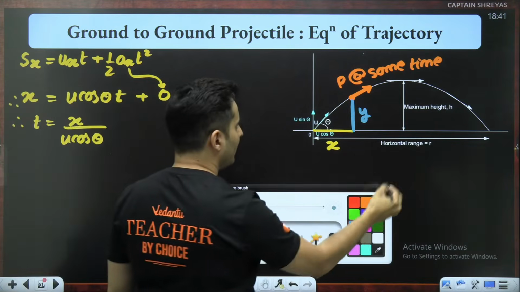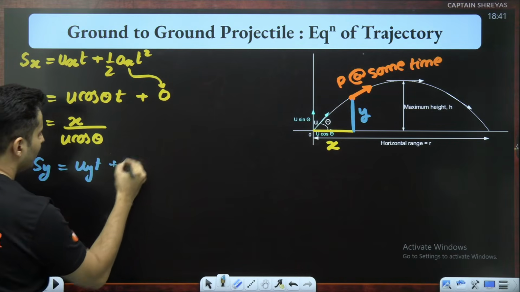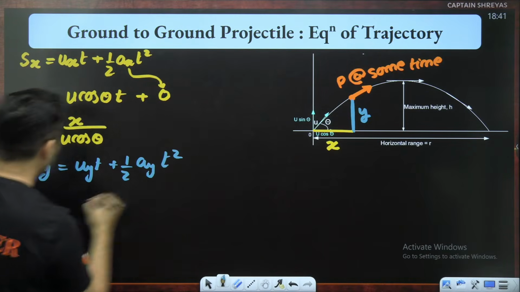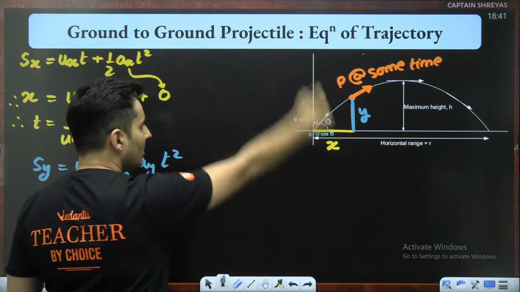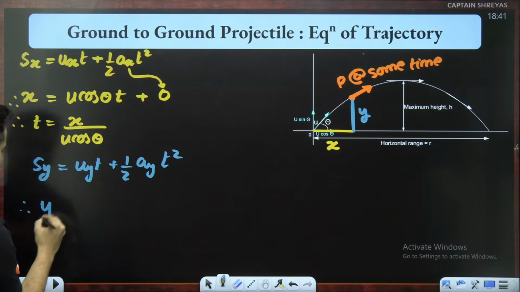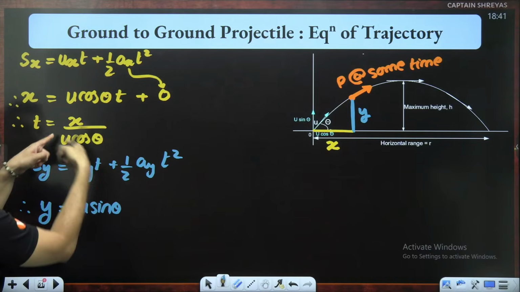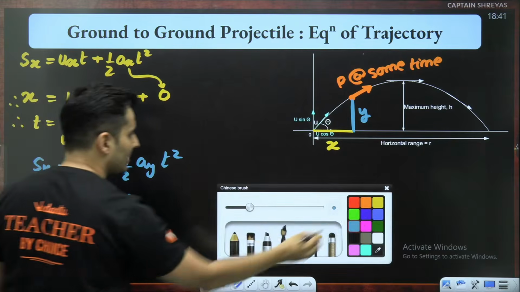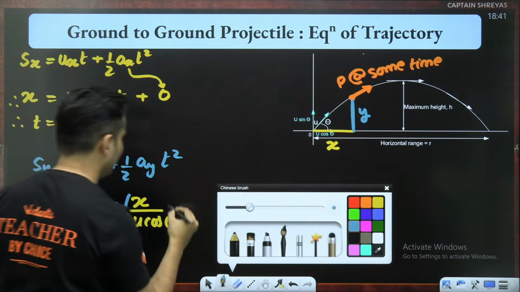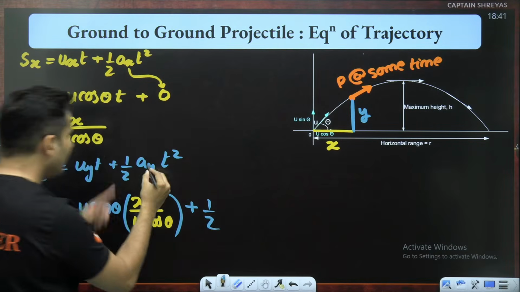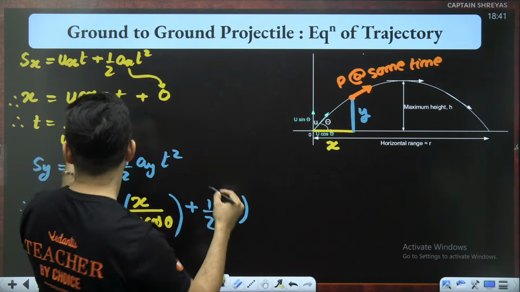Let's go to the y direction and write down Sy is equal to uy t plus half ay t square. In the y direction, how much is my displacement? It is the y coordinate itself. So I'll just put y. What is uy? It is u sine theta. What is t? Oh, it is here. Just substitute x by u cos theta over here, and plus acceleration, that's negative g, and time, just substitute this.